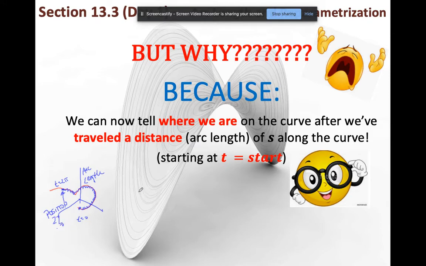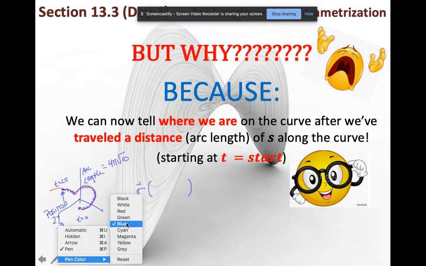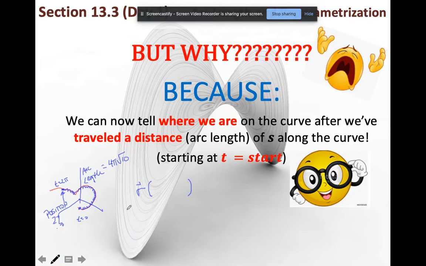What is that position? Well, here's the position vector in terms of arc length. So let's pretend my arc length was 4 pi root 10. What was my expression?